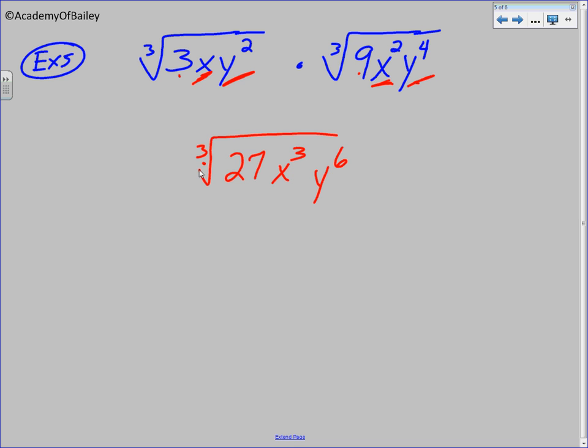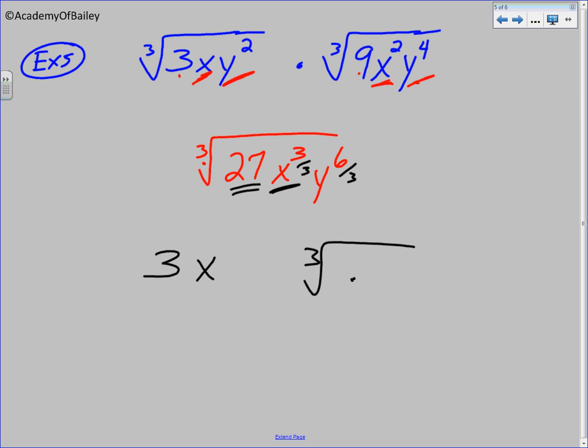Alrighty, the cube root of 27 is 3. There are no numbers left inside. How about x cubed? Well, how many triplets of x's can you bring out? You can bring 1 triplet out. None of them will be left inside. And then how about y's? How many triplets of y can you bring out?